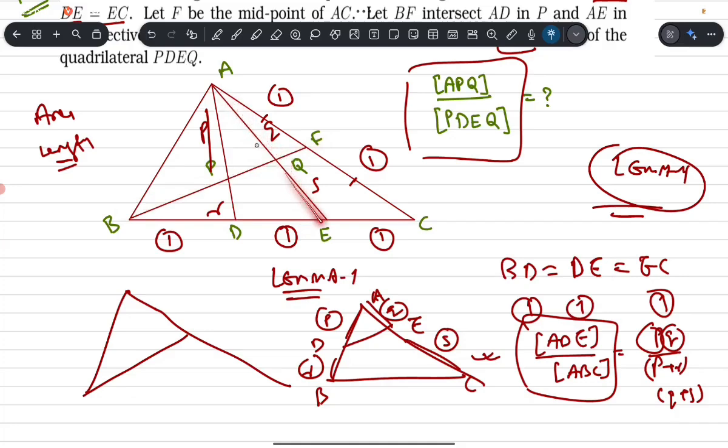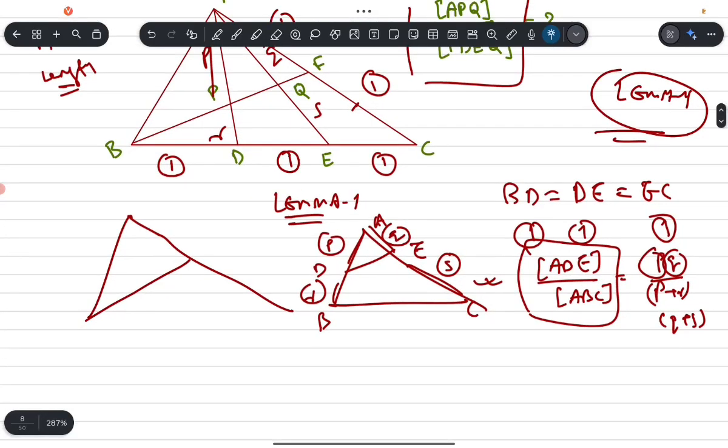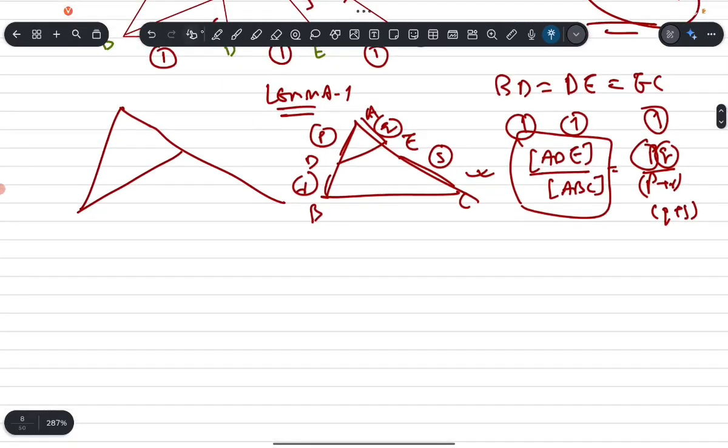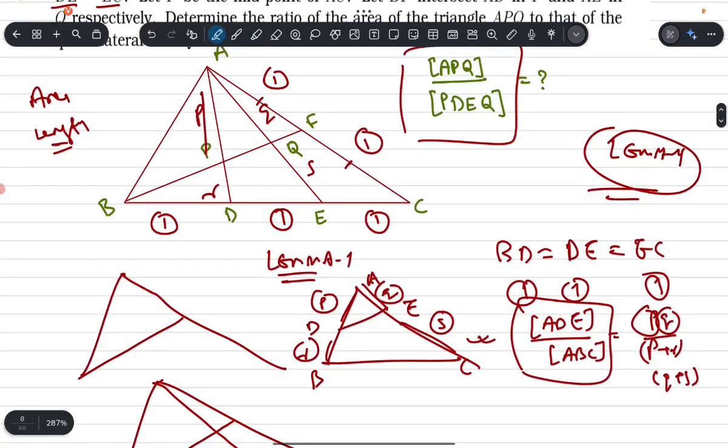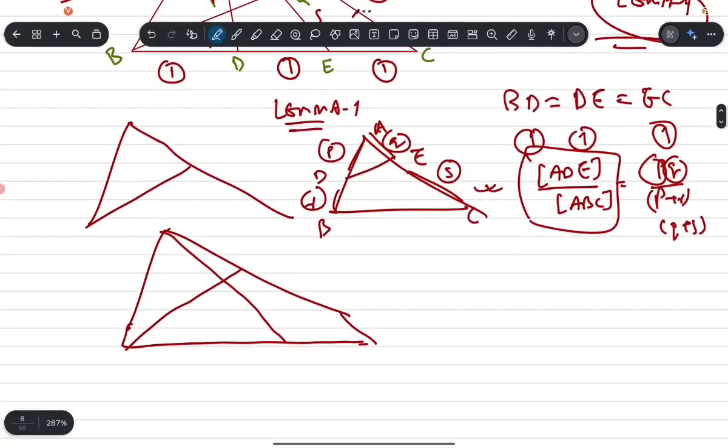See, Q and S, that is what we do. Let me draw a path diagram. All right, so here we are. This is the bigger triangle. So we have ABC and FE we are interested in.